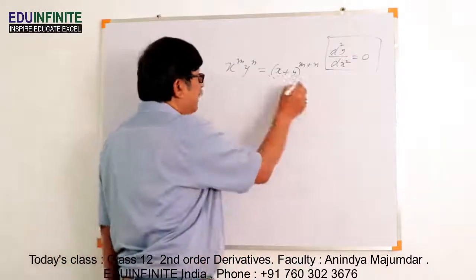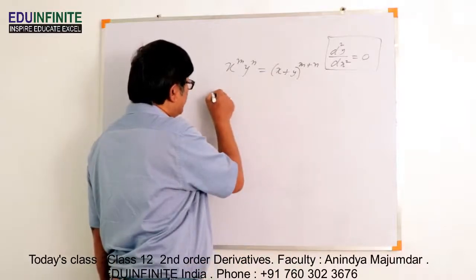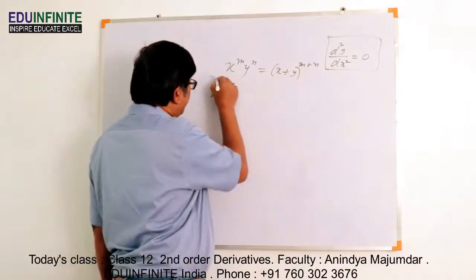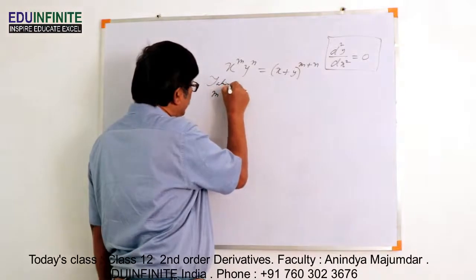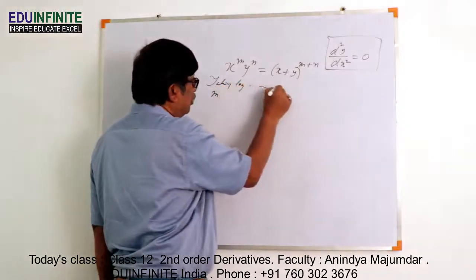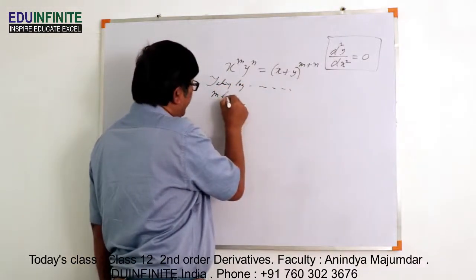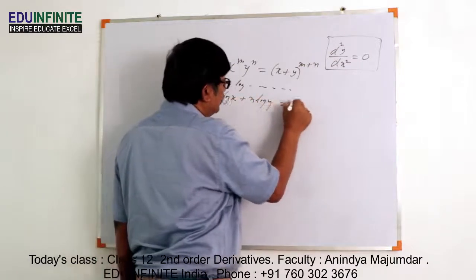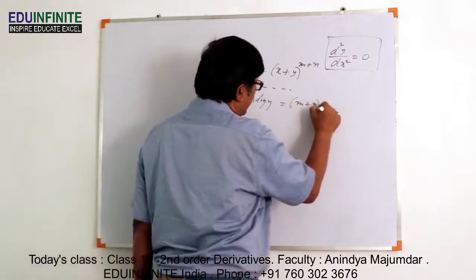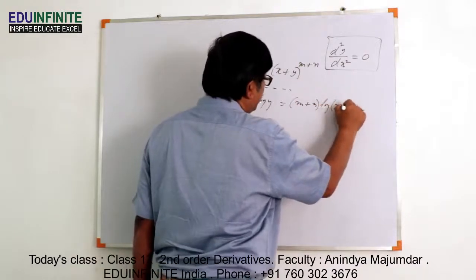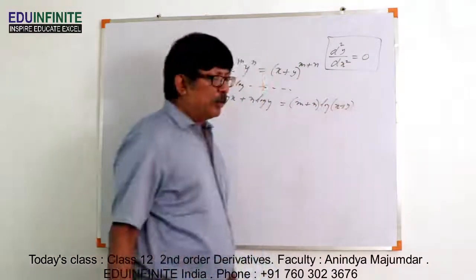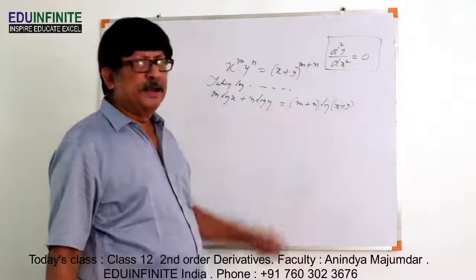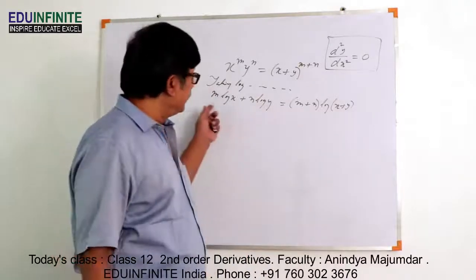Okay, from here, by taking log, I am just writing the first step. Taking log: m log x plus n log y is equal to m plus n log of x plus y. What type of function is this?